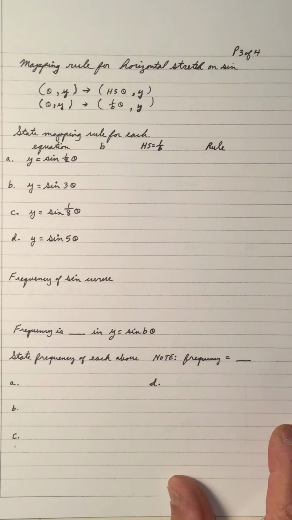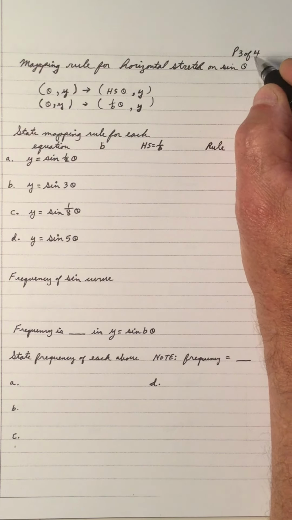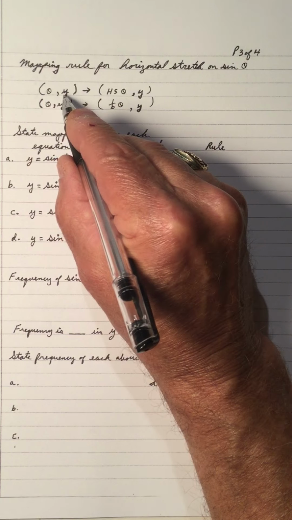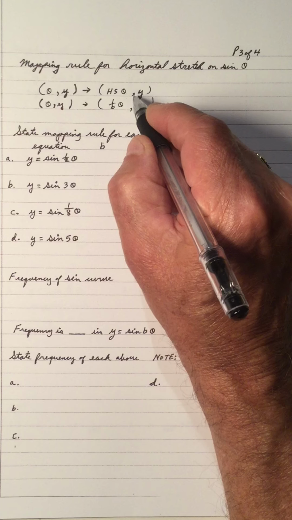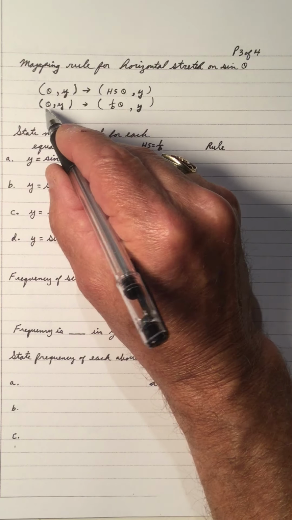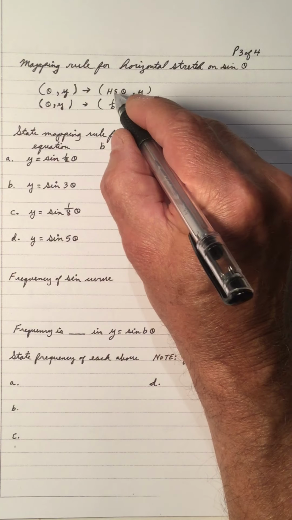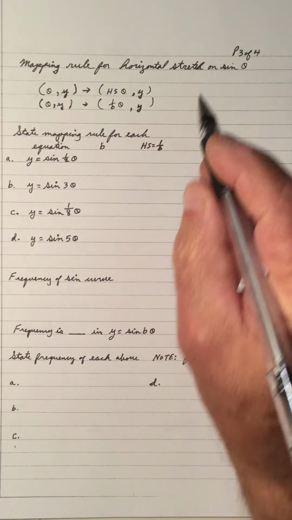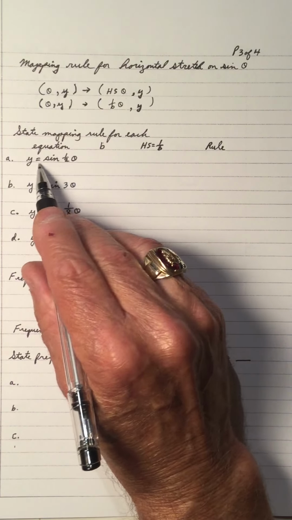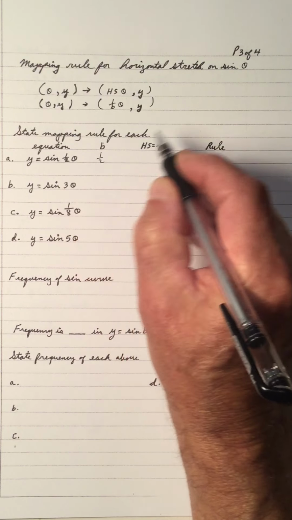The mapping rule for the horizontal stretch on sine theta: theta comma y maps to the horizontal stretch times theta comma y. In other words, theta comma y maps to 1/b times theta comma y. So let's do the mapping rule for this equation. b is 1/2.